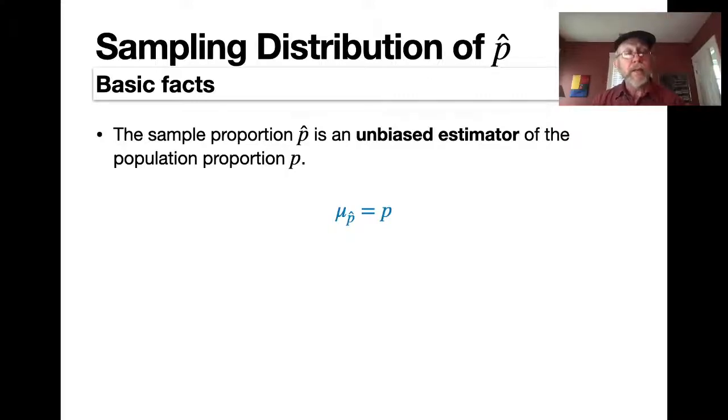That is, the sample proportion varies from sample to sample, right? It has some kind of sampling distribution, which we'll discuss in a minute. But the mean value of the sample proportion is precisely the population proportion p. So p hat is an unbiased estimator of the population proportion.